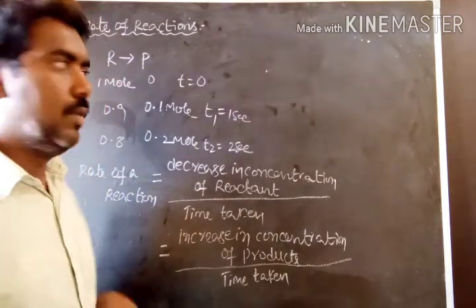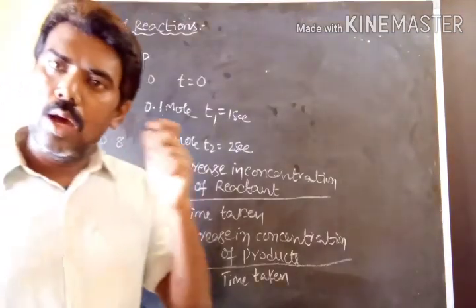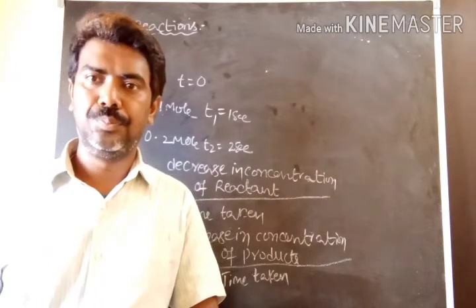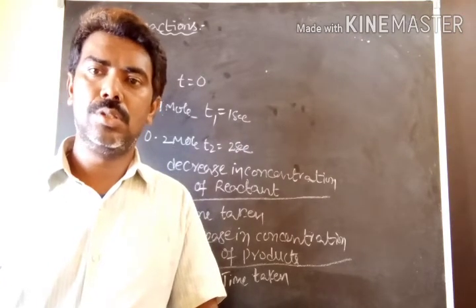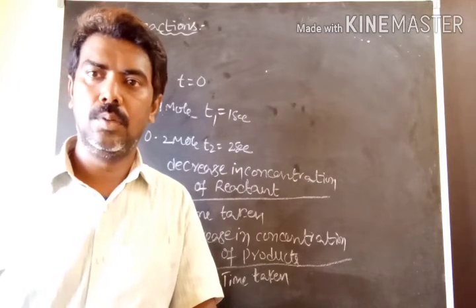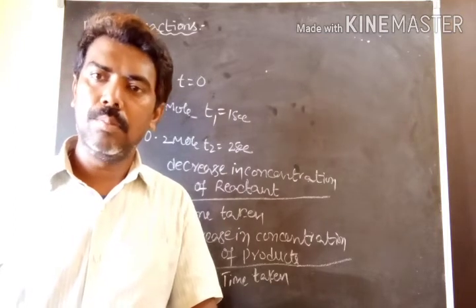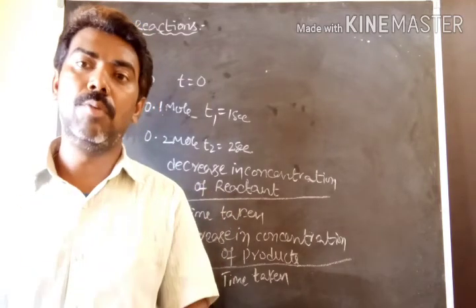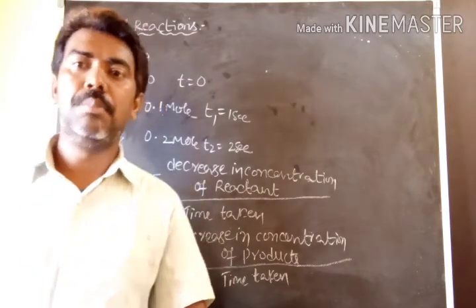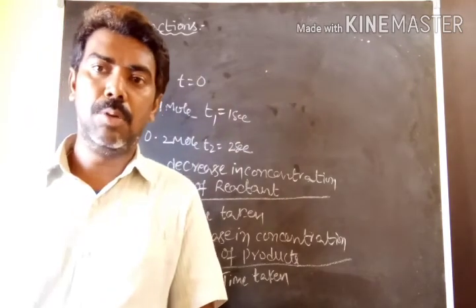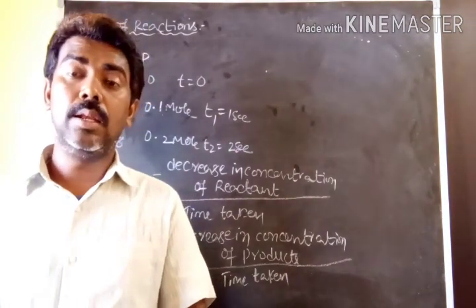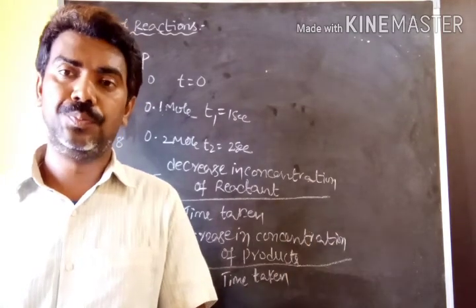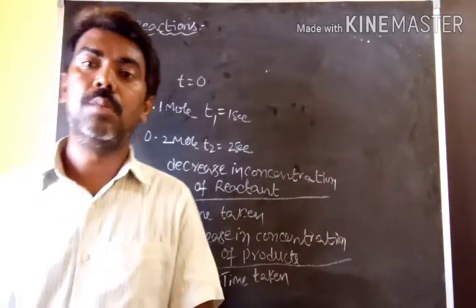For example, at time T1, the concentration of reactant is R1 and the concentration of product is P1. At time T2, the reactant concentration is R2 and the product concentration is P2.